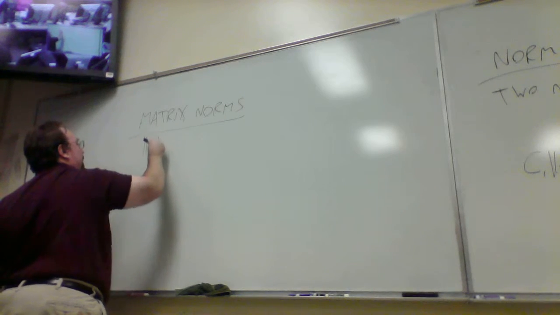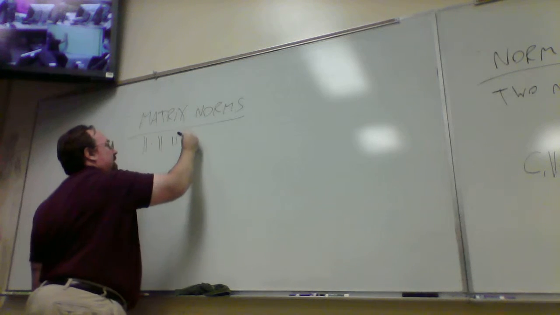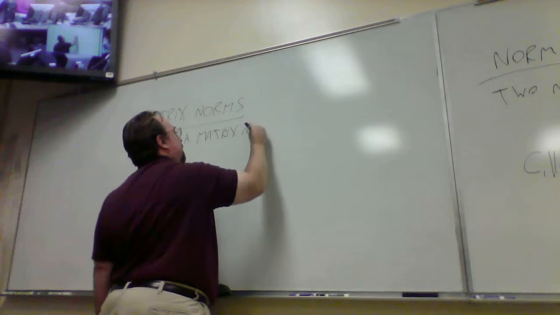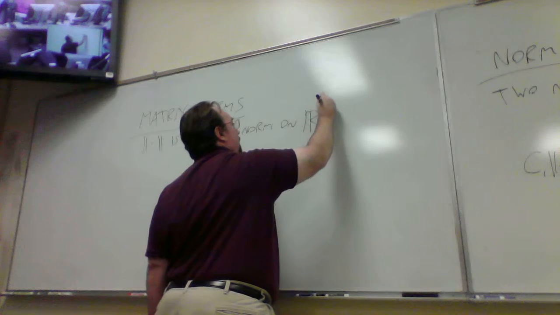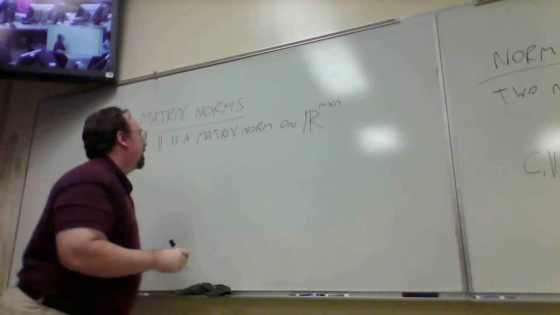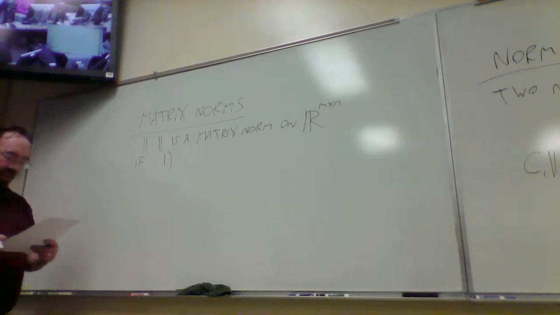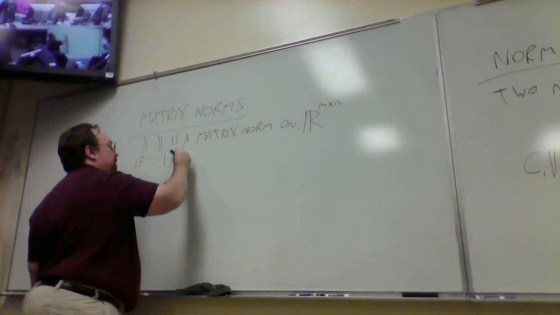Okay, so a function, again denoted by double bars, is a matrix norm on the set of all m by n matrices if, now the first few properties are exactly the same as for vector norms.